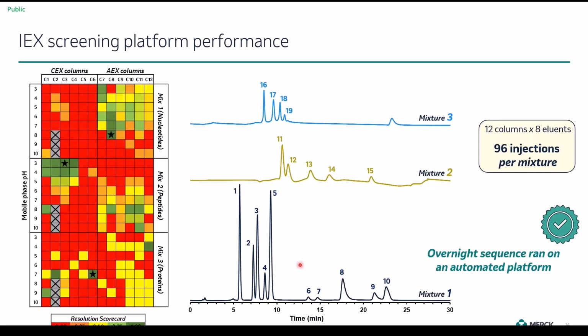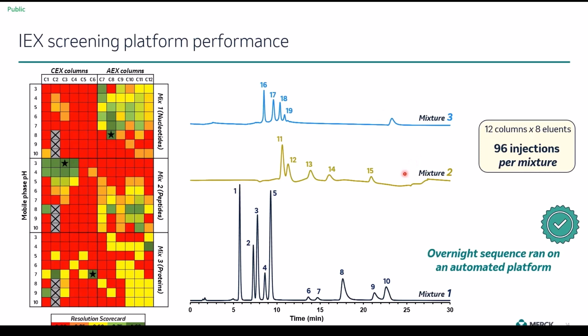And as we can see, we're able to obtain already conditions that either give us the best separation, for example, for the nucleotide or the protein mixtures, or conditions that can be later on optimized, because this is actually more often the case with our real life examples.